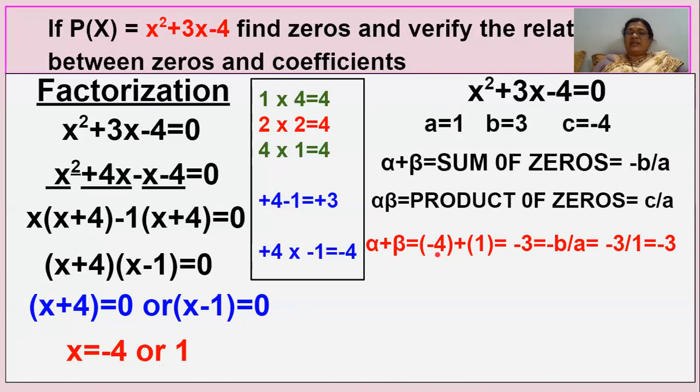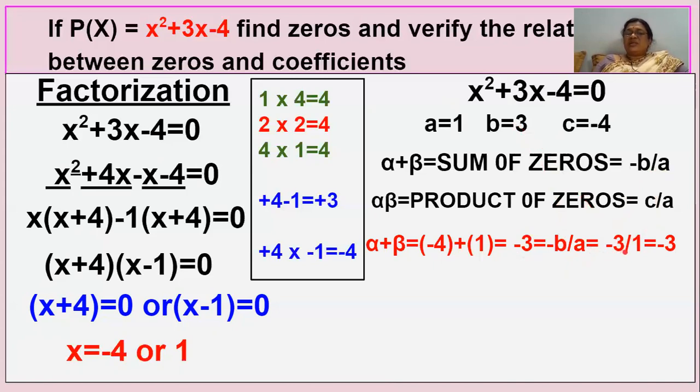Let us add, that is the sum of the zeros. We got the answer as minus 3 and let us verify this with the coefficient formula, that is the sum of the zeros. We know the formula is minus b by a. So minus b by a, in place of b, what can you substitute? Tell me. You can substitute 3, isn't it?